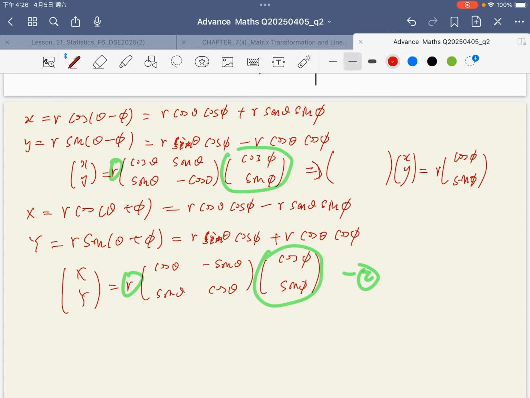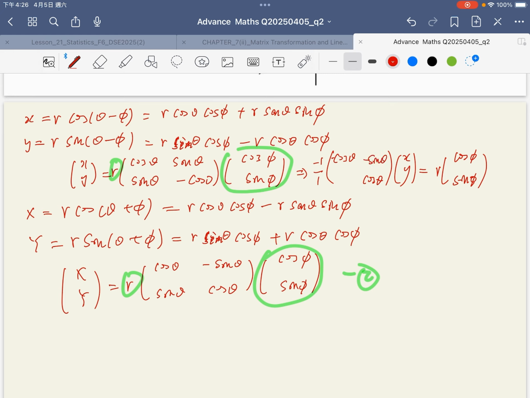I only need to check that the determinant is negative 1. So it is 1 over negative 1, and then exchange these two entries, cosine and negative cosine theta, and give a negative sign to this one.